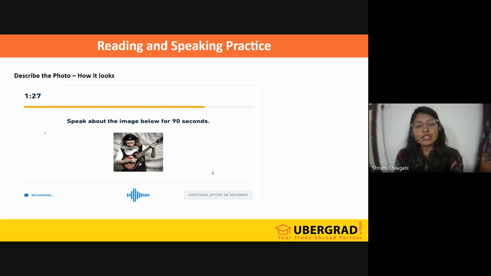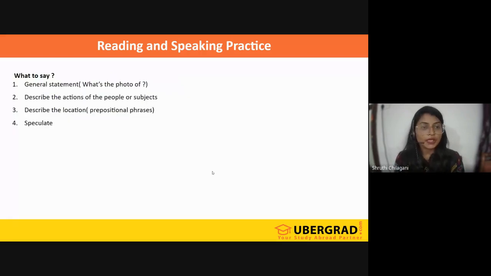We have done a similar task in writing where you talk about an image, but here we are going to speak. We have no time to backspace. We have to say it as soon as it comes into our mind. So we need to frame a sentence in our mind and say it. Today we'll learn how we can form sentences based on the image and what all we can talk about.